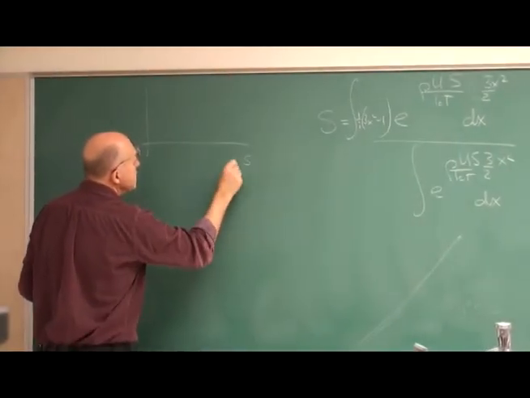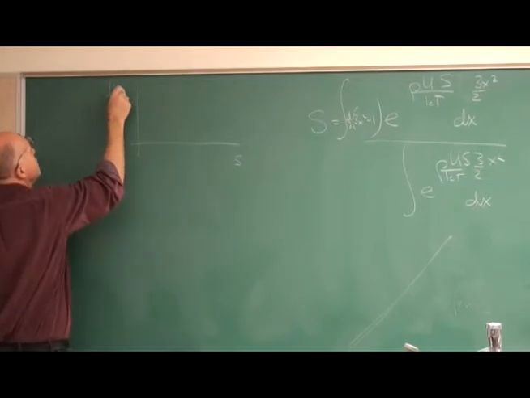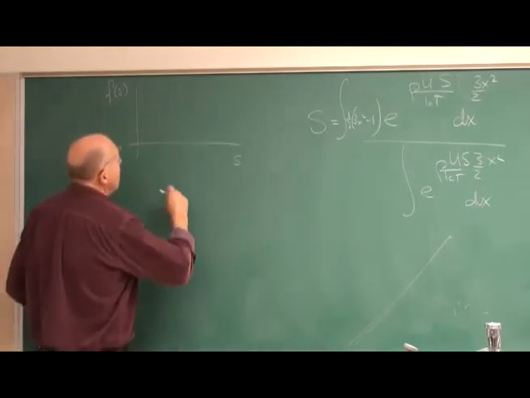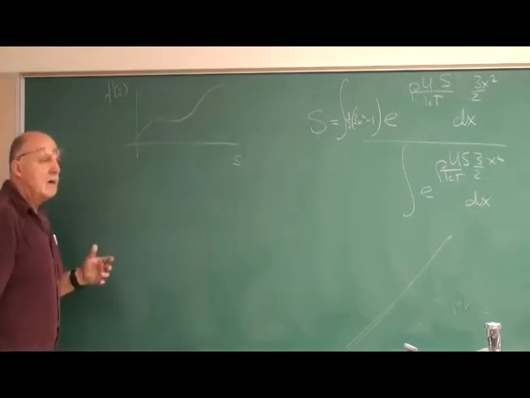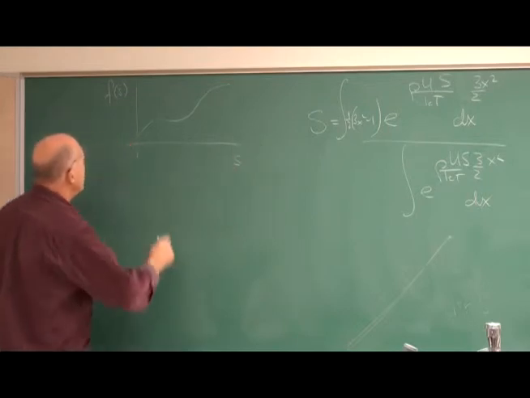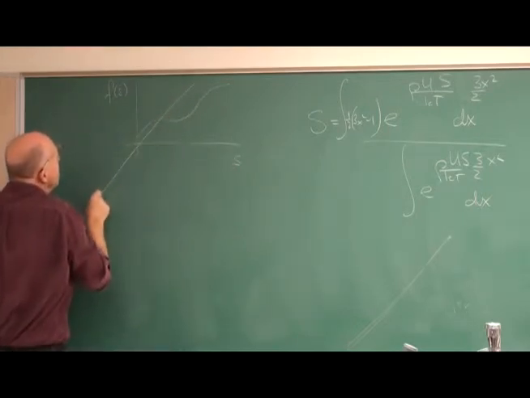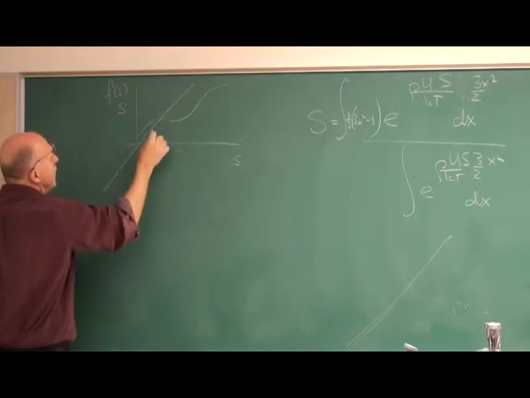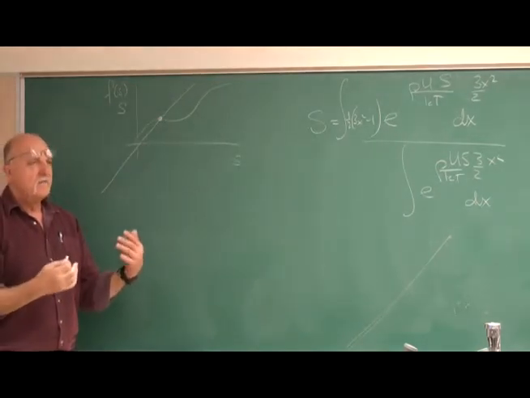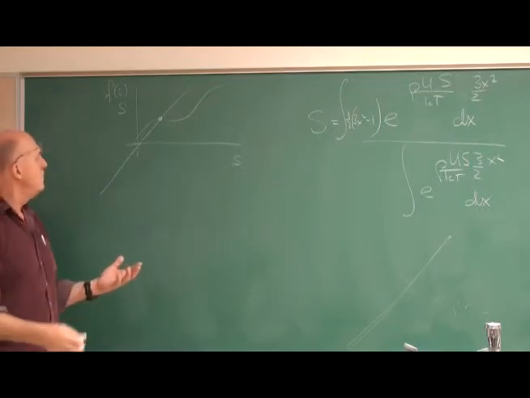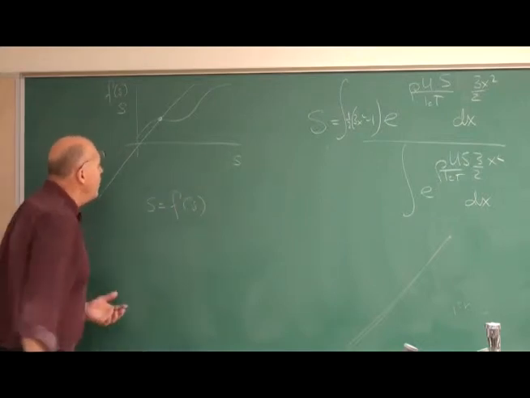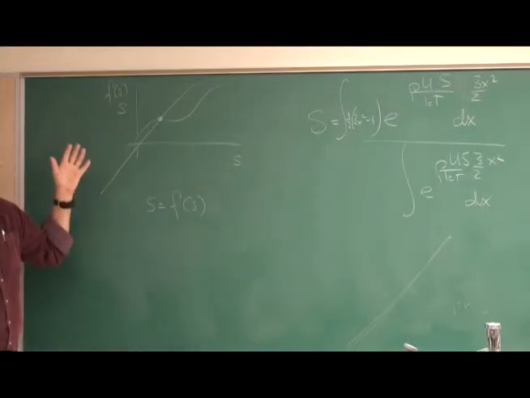So this is s, and I plot this function of s for some value of this parameter here. I'll get something. And then if s were to be equal to that, I also have to plot s here, and I have to look at the intersection of these. So this is a standard problem of finding the root, s equals f of s. And there are techniques for doing that.